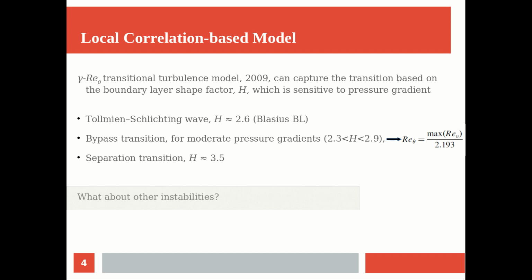Mainly, in engineering applications, the common type of transition is bypass transition, where H lies in the range 2.3 to 2.9. So in this range, this correlation is valid.